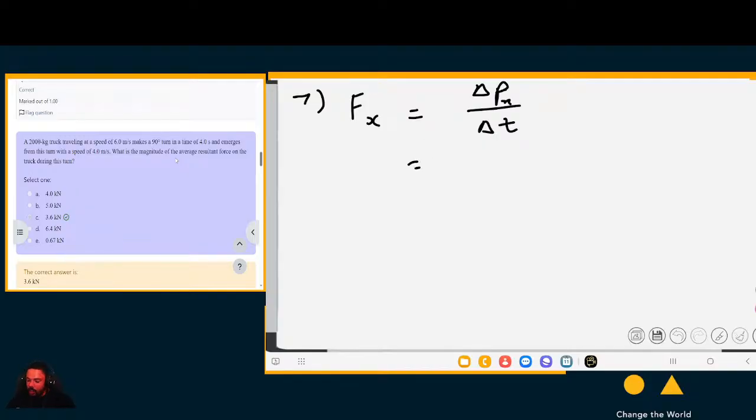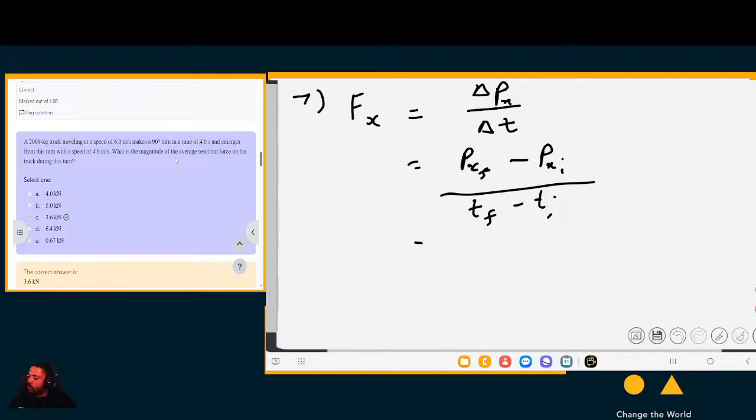Now, what is the change in the momentum? That's the final momentum minus the initial momentum. So the momentum in the x direction, final, minus the momentum in the x direction, initial, over the final time minus initial time.